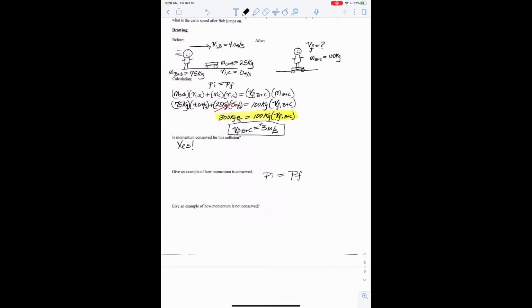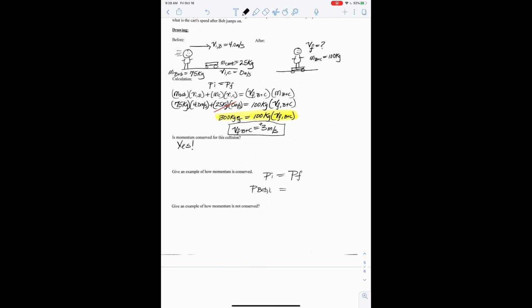And the momentum initial is just from Bob, because the cart isn't moving, right?